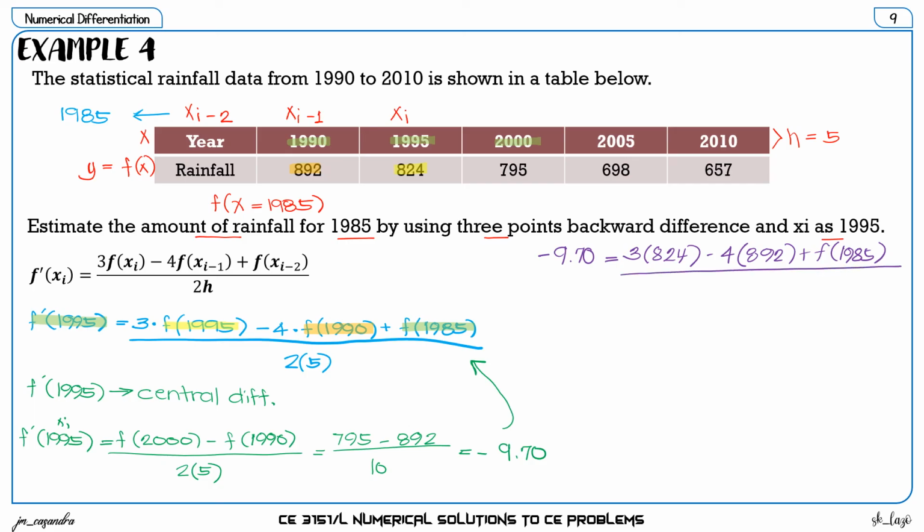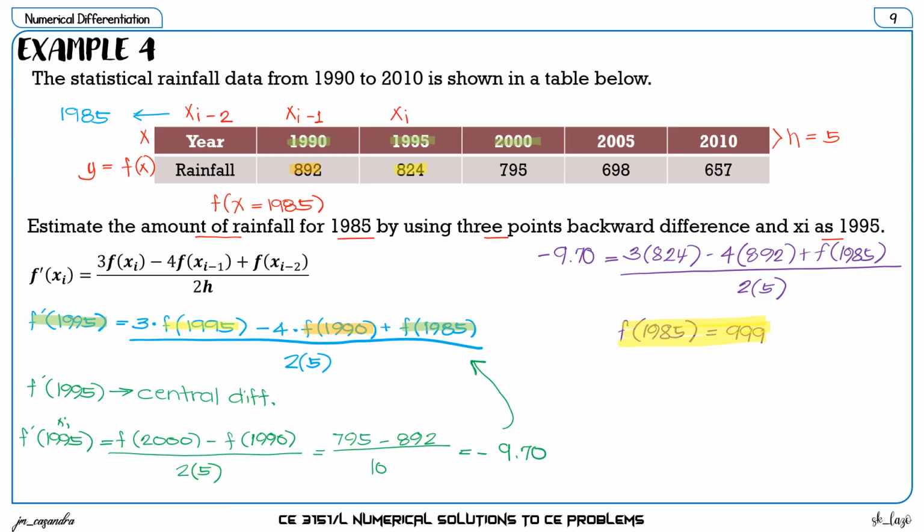Divide this by 2 times h. So we only have one unknown. The function of year 1985, or the rainfall for year 1985, will be equal to 999. So this is our final answer.